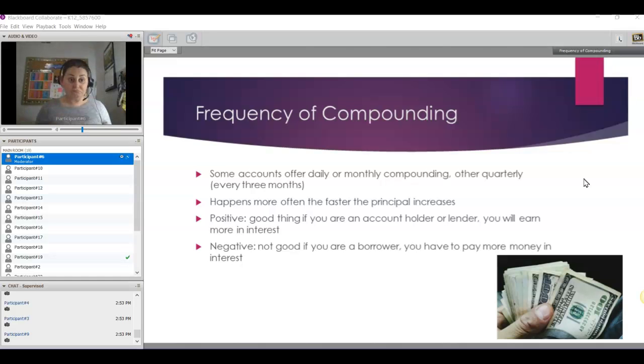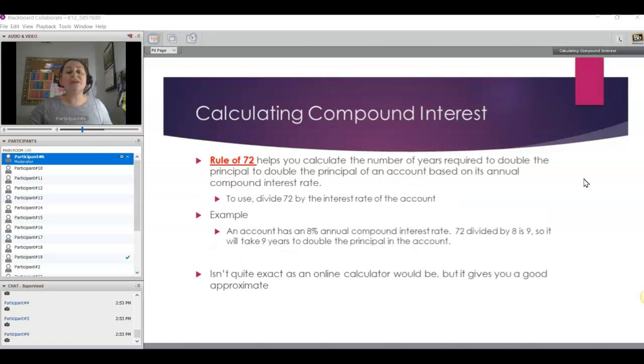Okay? With that being said, how do I calculate it? Well, there is the rule of 72. Now, the rule of 72 doesn't give us an exact amount or an exact time frame. It just gives us an approximation, which is not bad. At least you'll know.